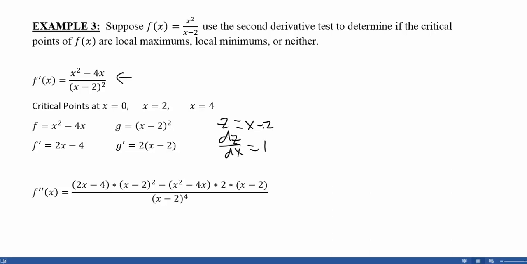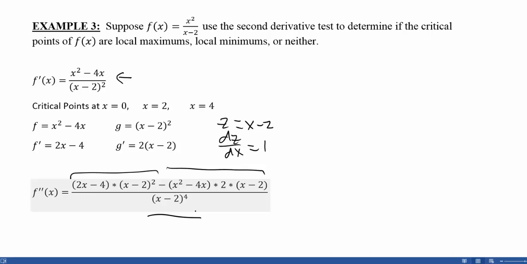But if you multiply by 1, you get the same thing back. So then, for our quotient rule, we're going to do f prime times g, which is this term here, minus g prime times f, all divided by g squared. So if you square something that's squared, it's now to the 4th power.